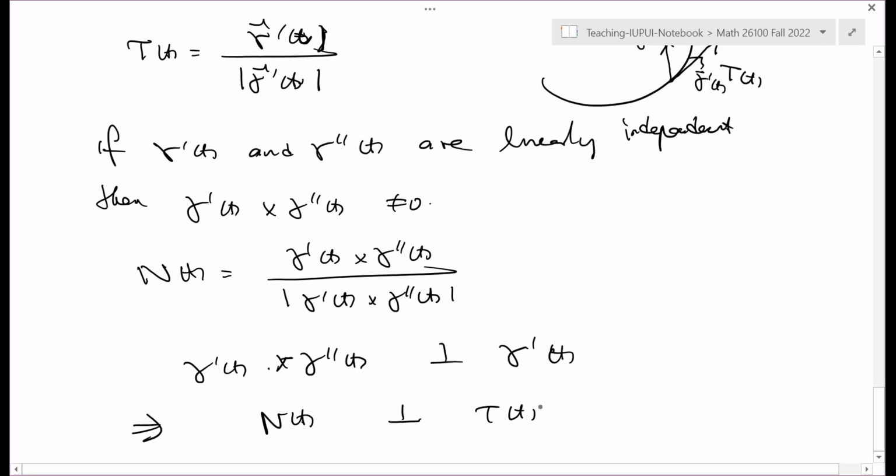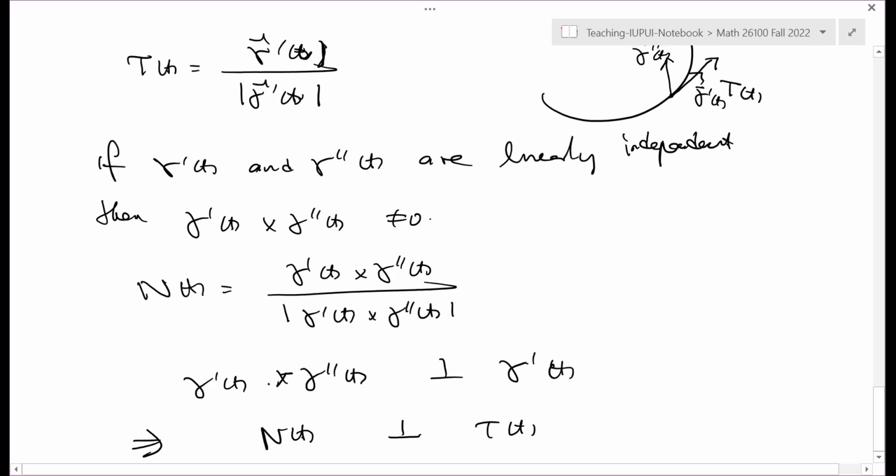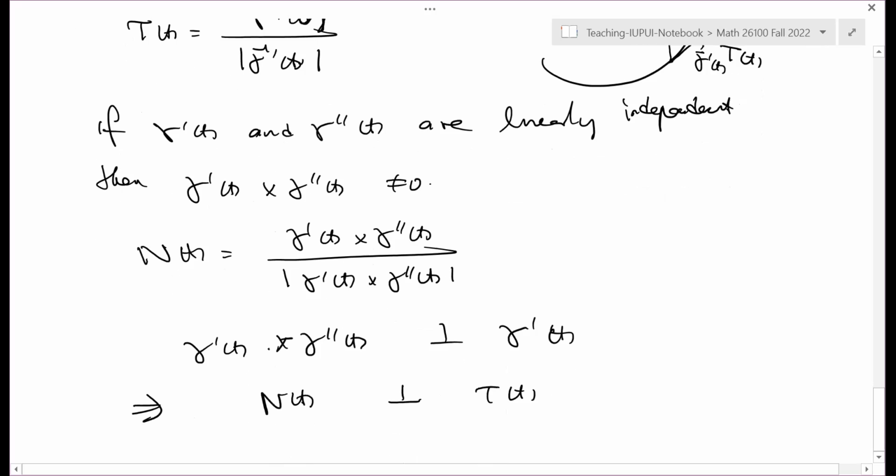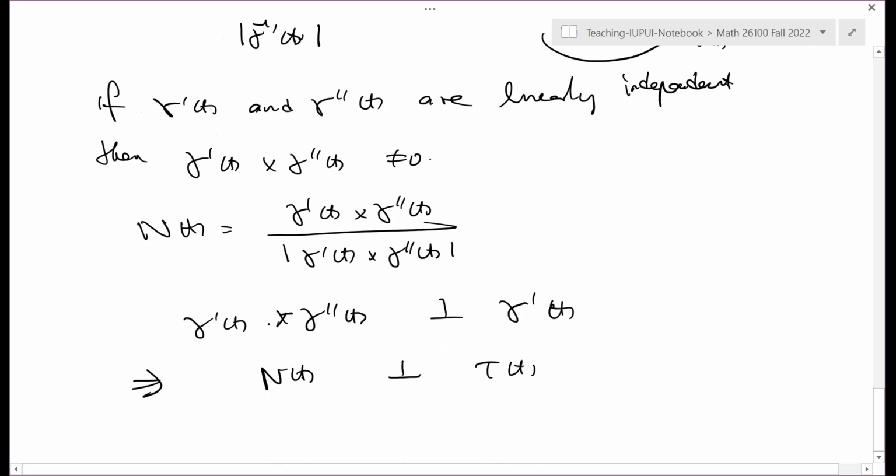So along the curve, you differentiate the function twice, you get two vectors. One is a tangent vector, another one is perpendicular to the tangent vector. But the general formula is very complicated, right? The general formula is complicated.